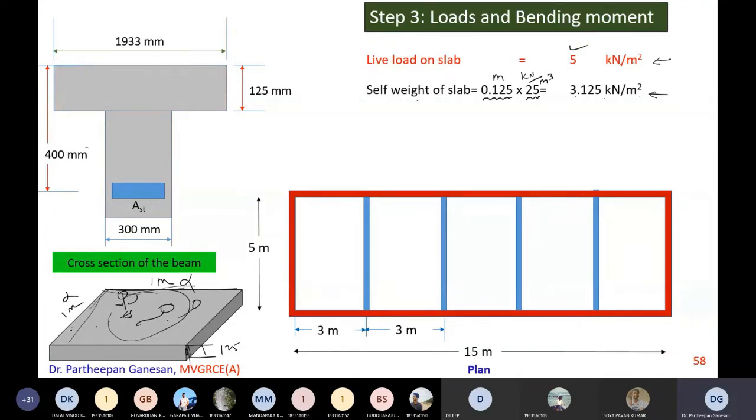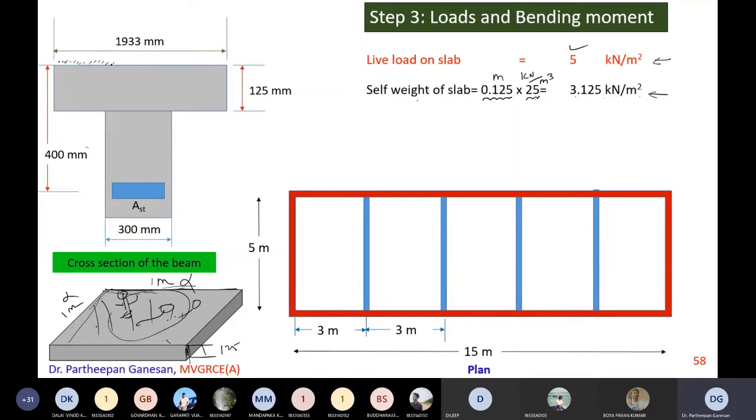Similarly, I am calculating self weight of a slab for 1 meter by 1 meter. That is 0.125 into 25, that is 3.125 kilonewton per meter square. Now, what is left is there will be a floor finish here.